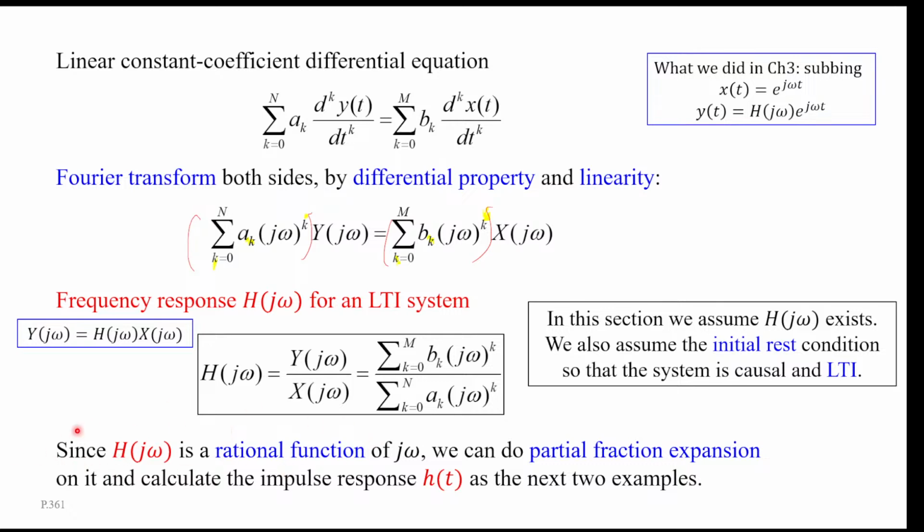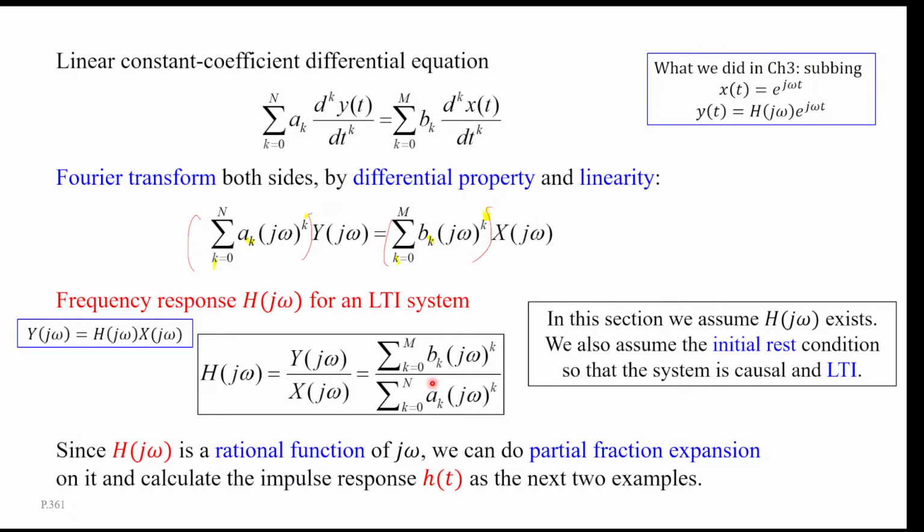So this whole thing is what we told ourselves today. It's a rational function of j omega. And so we can do partial fraction expansion on this thing. Usually, if the system is nice, then you can do partial fraction expansion on this H of j omega.